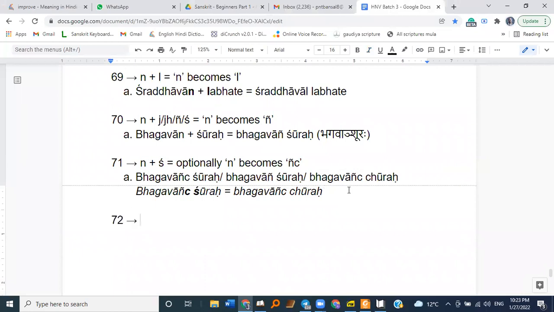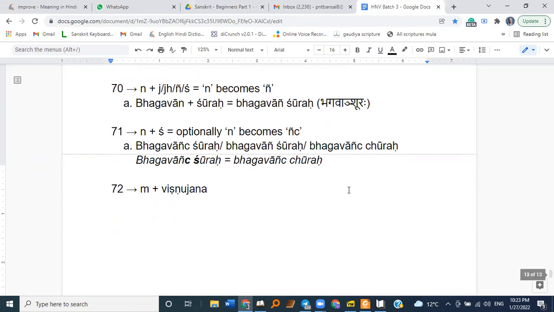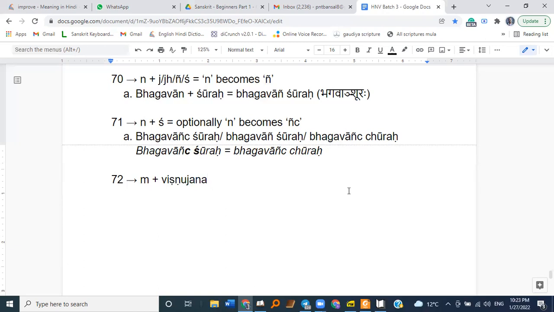If we have Marama at the first place, followed by any Vishnu Jana. What is Vishnu Jana? Servant of the Lord. Kadayo Vishnu Jana. So any consonant, any Vishnu Jana following after Marama.